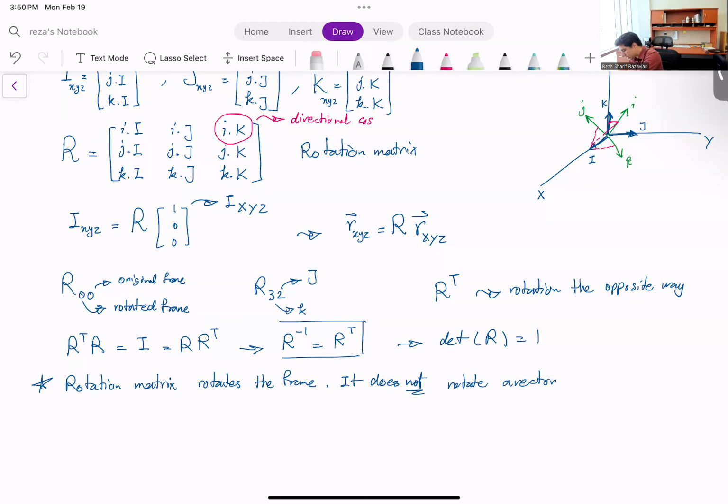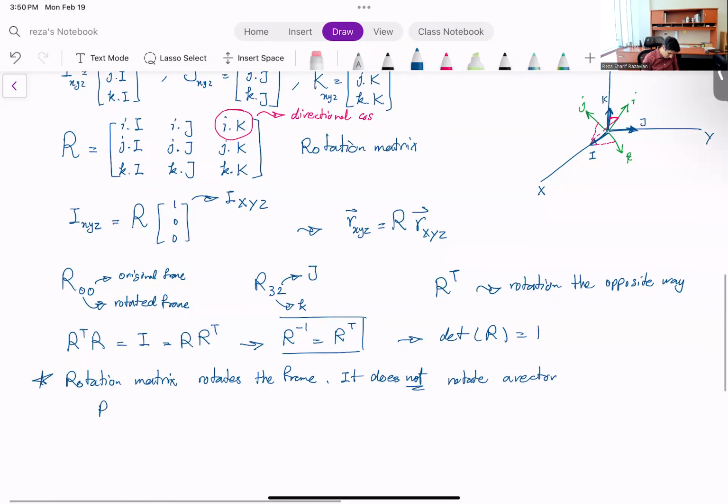So in that sense, rotation of a vector is this R transpose. If you want to rotate a vector and see how it looks in the same frame, you have to multiply by R transpose.